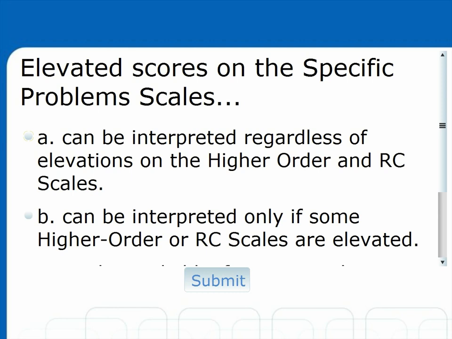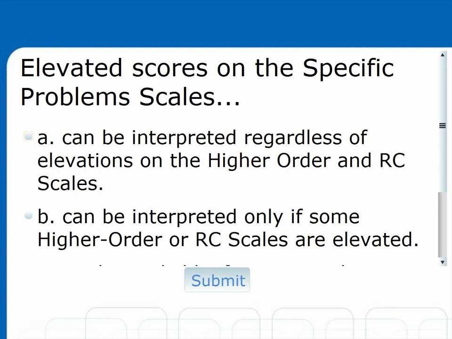The correct answer is A. Elevated scores on the specific problem scales can be interpreted regardless of whether or not there are elevations on the higher order and RC scales. So the bottom line here is that whenever a substantive scale is elevated, assuming that the protocol is valid, you interpret that substantive scale.